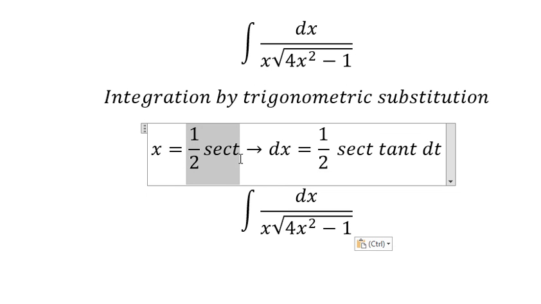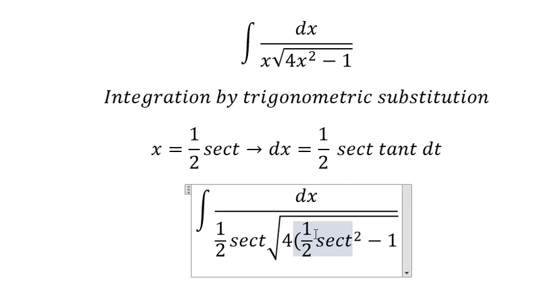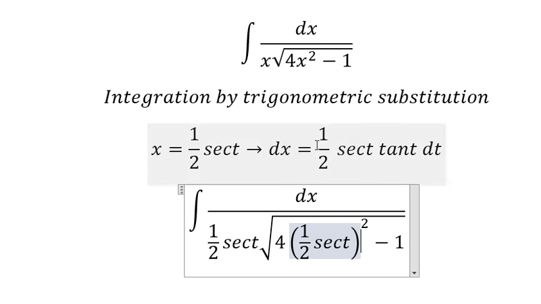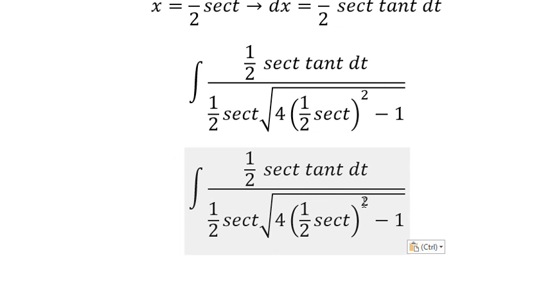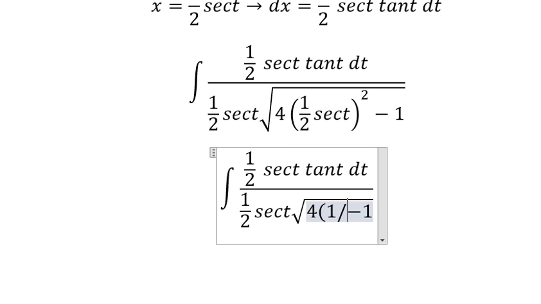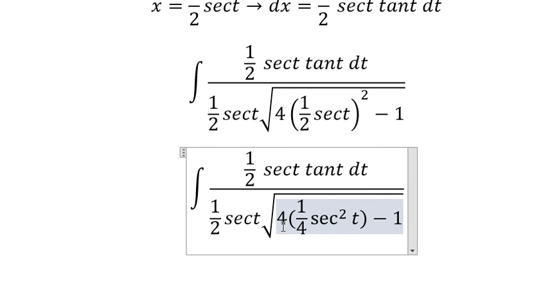So I will put this one going in here. This one we put in here. ds we change by this one. This one you get 1 over 4 secant of t squared. Number 4 we cancel.